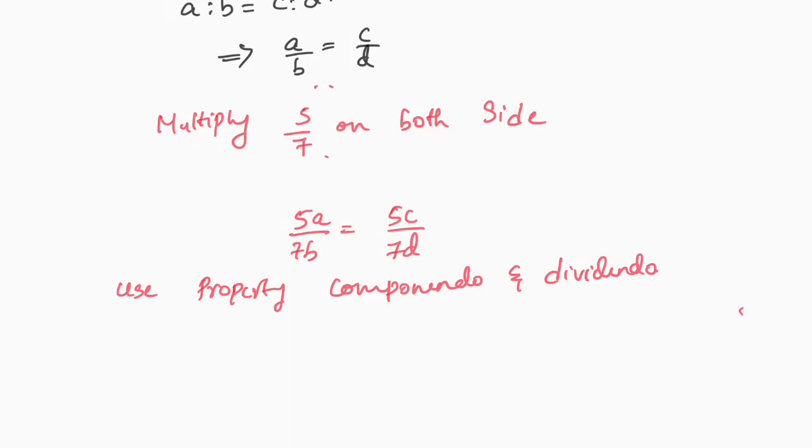So if we have 5A by 7B, this can be written as 5A plus 7B by 5A minus 7B equal to 5C plus 7D by 5C minus 7D.